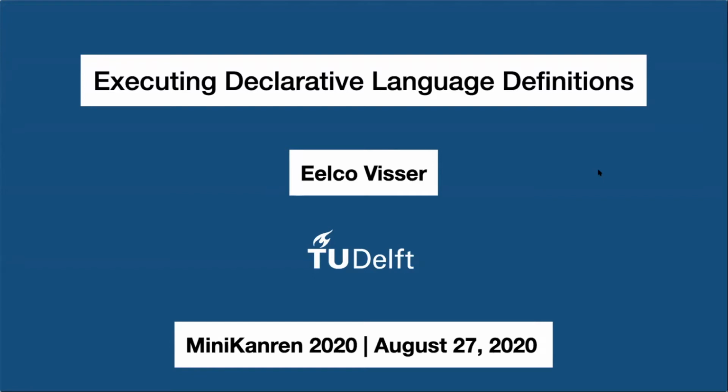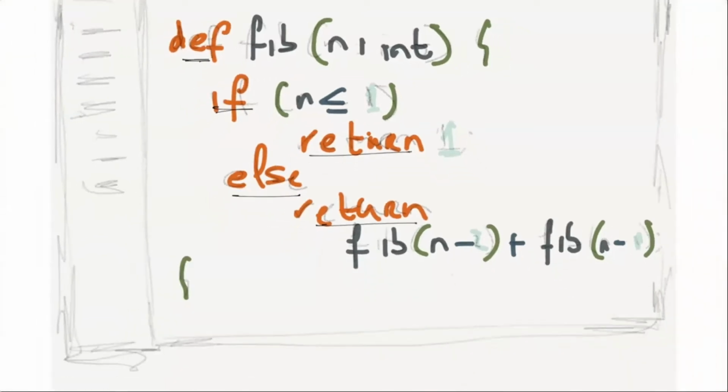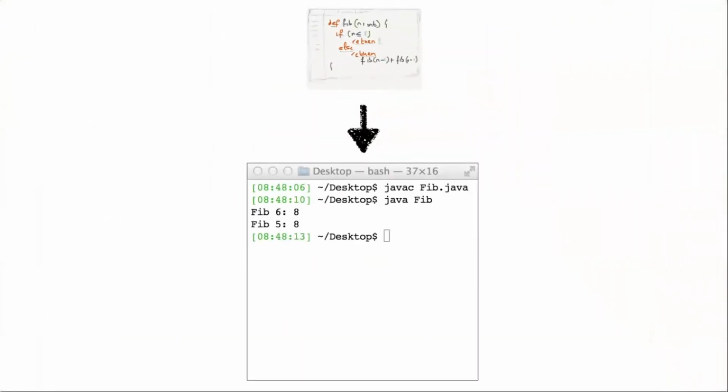So let me start at the beginning. This is all about language design and language implementation. If you're a language designer, you come up with some language design, some sketching on paper, and at some point you want to turn that into an implementation. Typically the first thing you do is to make a compiler or interpreter, something that can execute your programs.